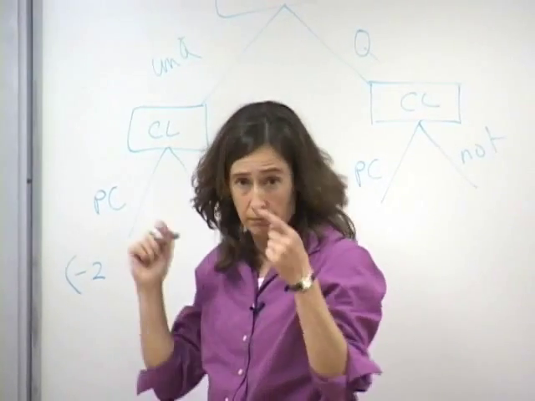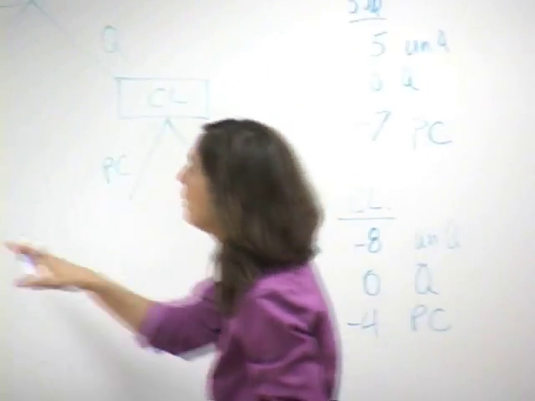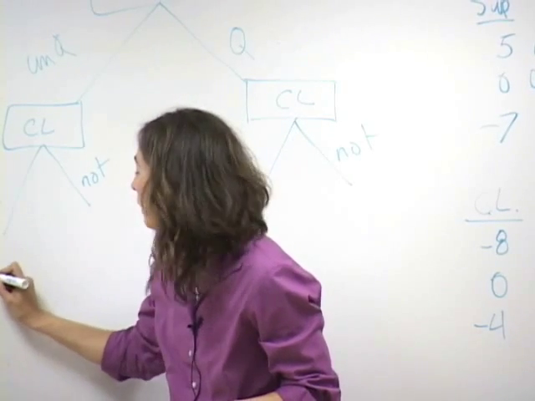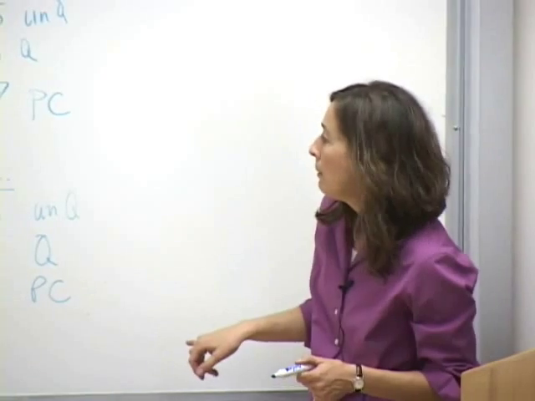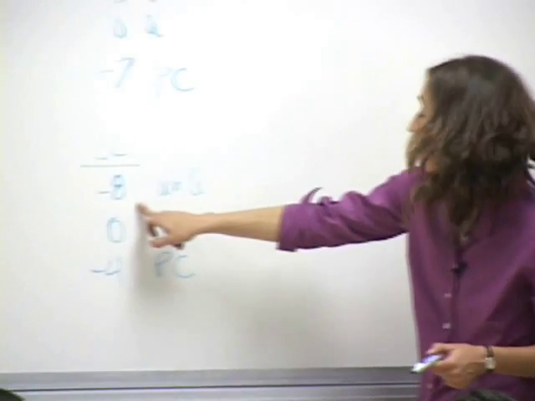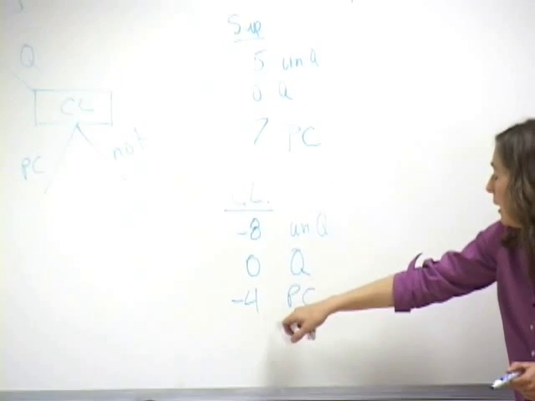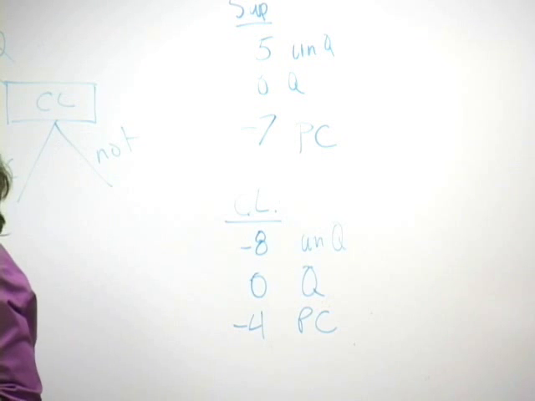I know several of you guys got out your homeworks here, so follow along and make sure I'm getting this right. So the superintendent's payoff here is -2. The community leader's payoff is -8 from the unqualified guy and -4 from the publicity campaign. Sounds like -12. Okay, is that right?